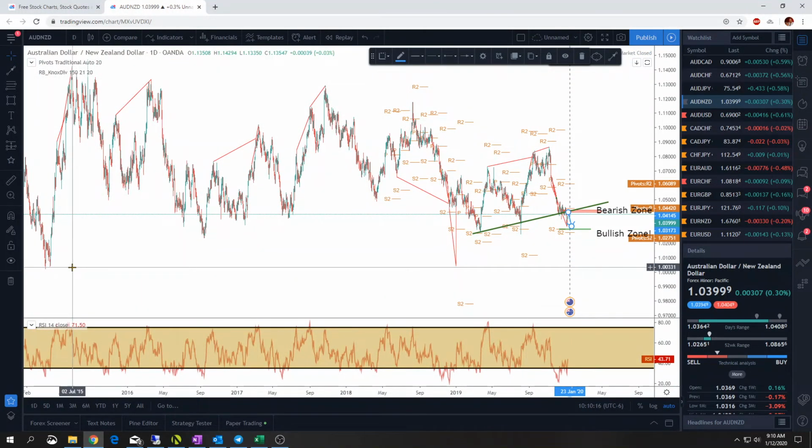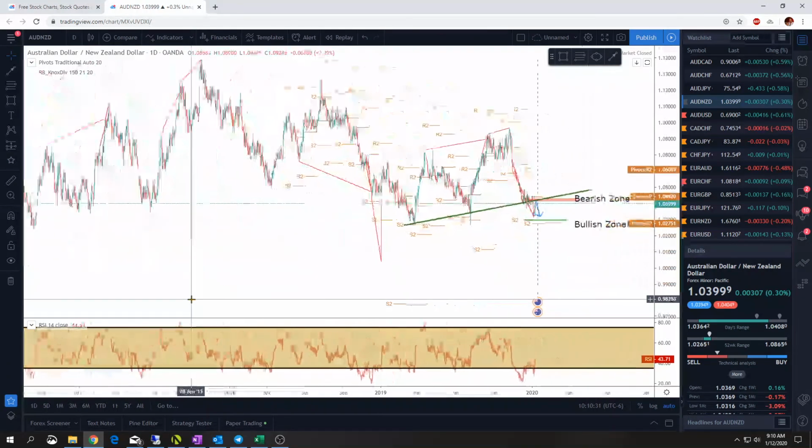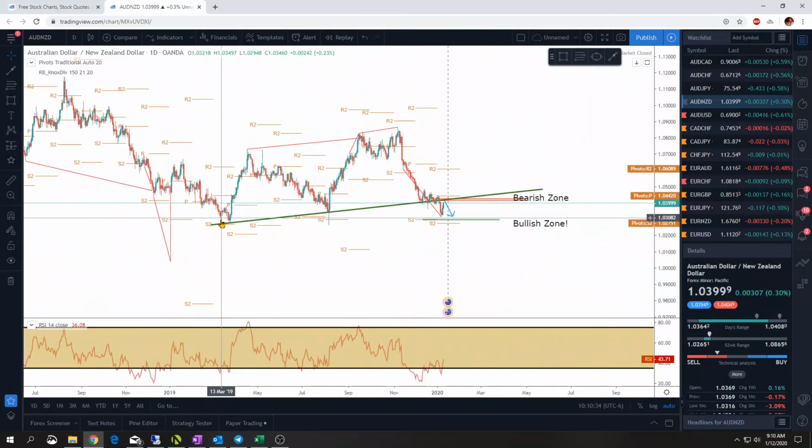I mean, what is this? 2015 is where, and then that's where the flash crash last year got us. Who knows? If we get that big of a pull down, it could get that low. Highly unlikely because we've turned around in this area twice.